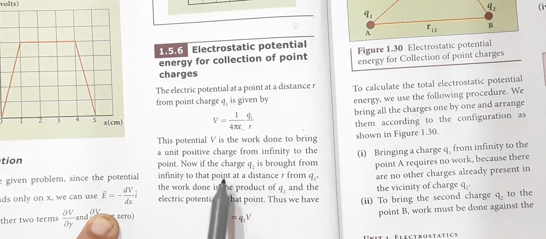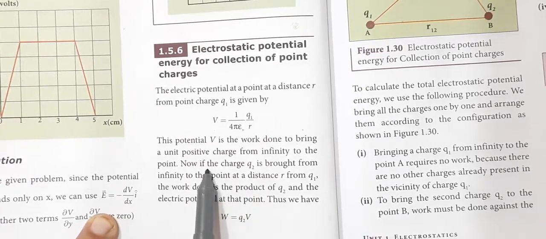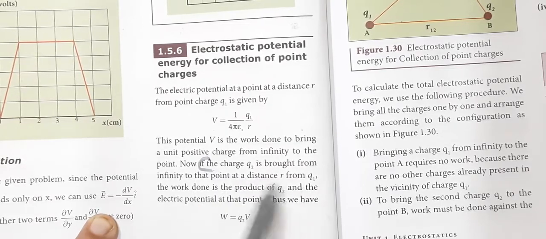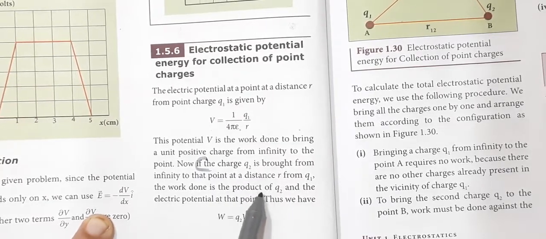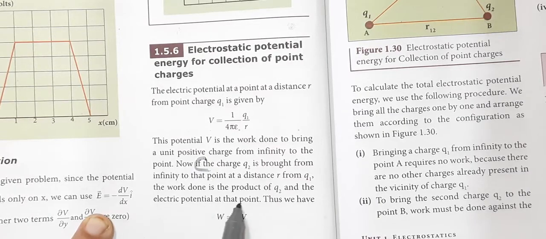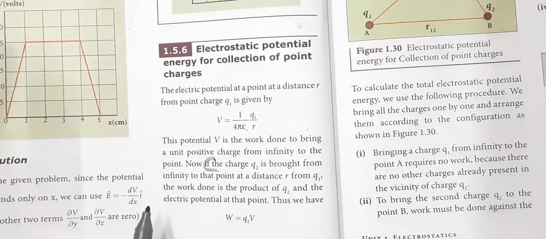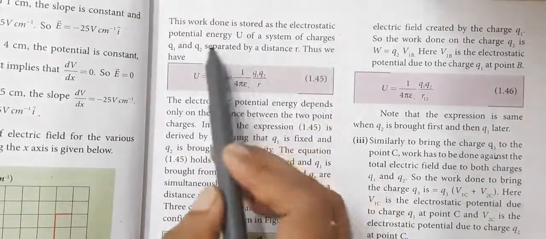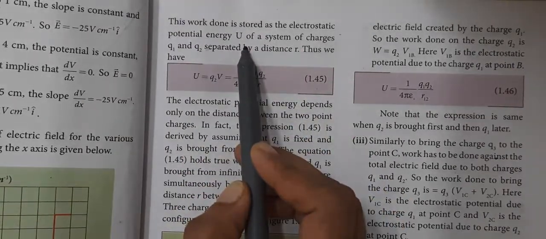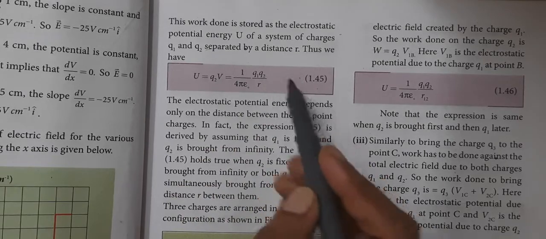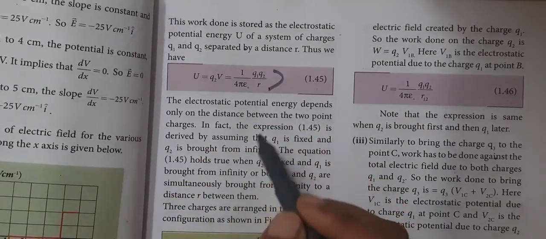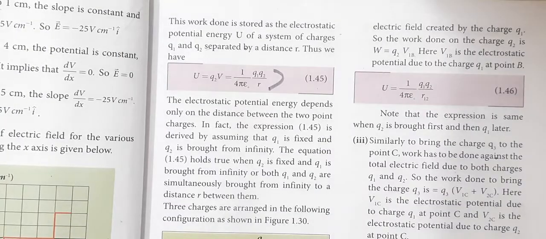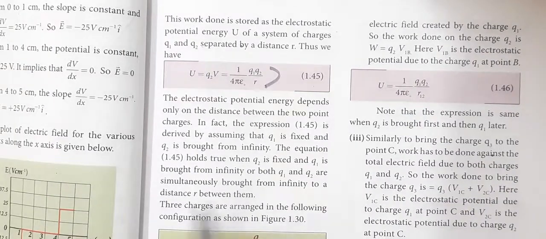It starts from, if the charge Q2 is brought from infinity to the point at a distance r from Q1, the work done is the product of Q2 and electric potential, W equal to Q2V, and this work done is stored as electrostatic potential energy. So thus U equal to Q2V. So from here till this you have to write. Actually that answer is not directly given. This is question number 14.